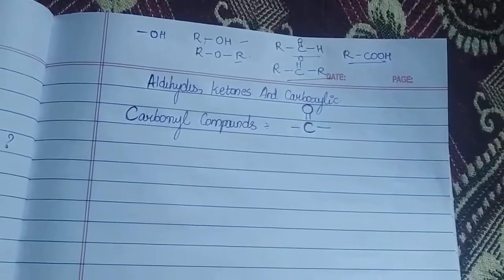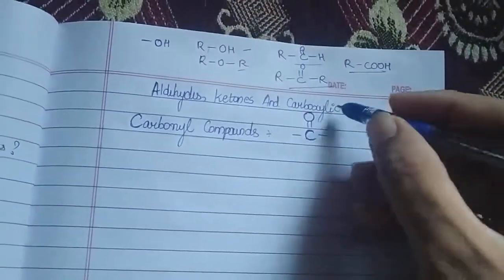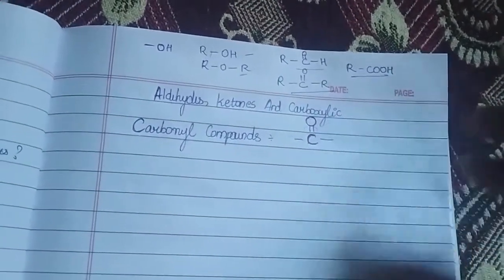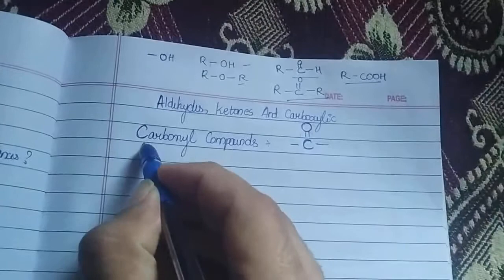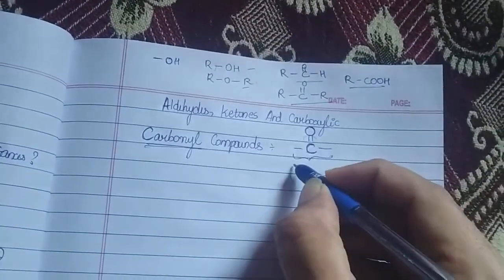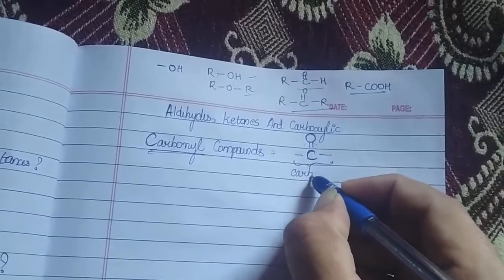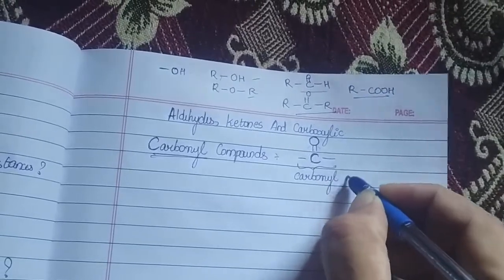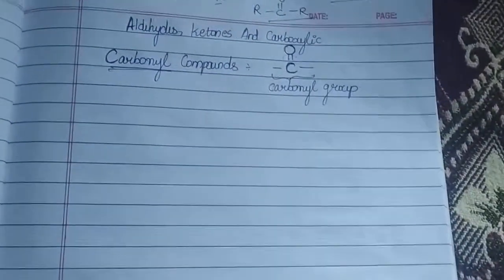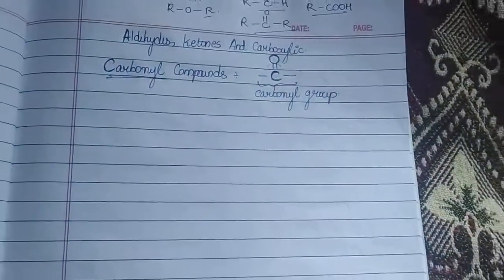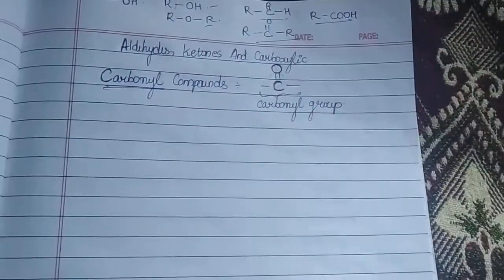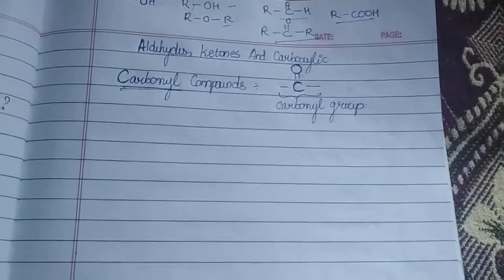I repeat, a carbon atom has been bonded to oxygen with a double bond. Such compounds are called carbonyl compounds, and this group is called the carbonyl group. Therefore, aldehydes, ketones, even carboxylic acids, fall under the category of carbonyl compounds. Is that okay?